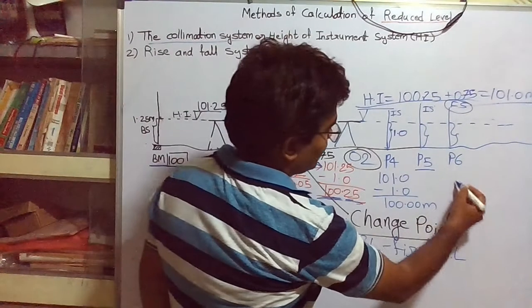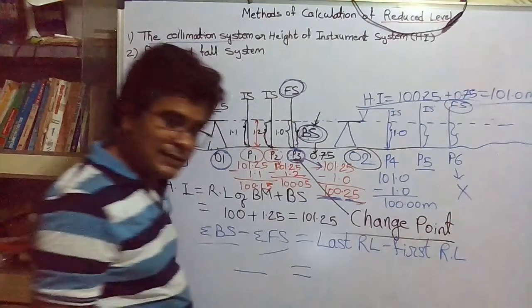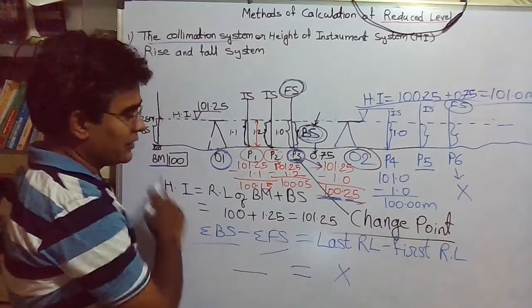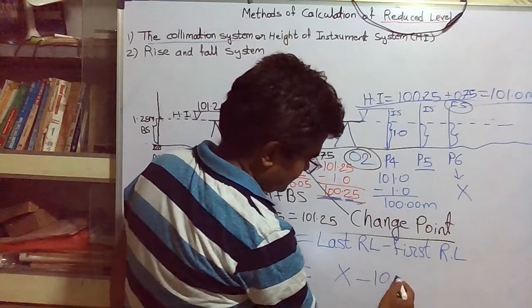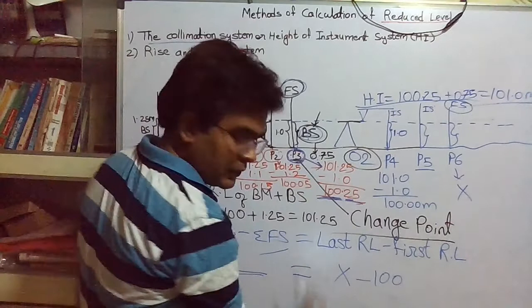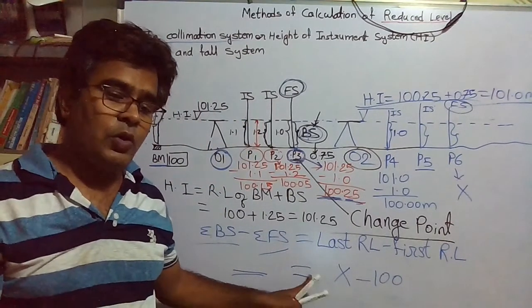Suppose the RL of point P6 comes out as X. So last RL is X minus the first RL, that is 100, and these two values should be equal. That is the check. We will see it while solving the problem.